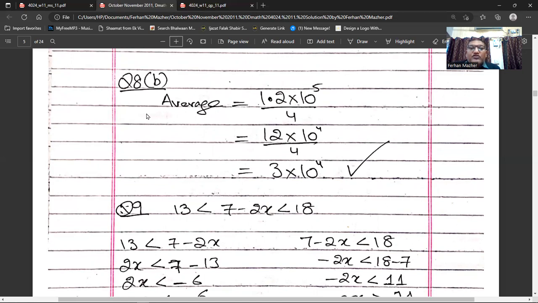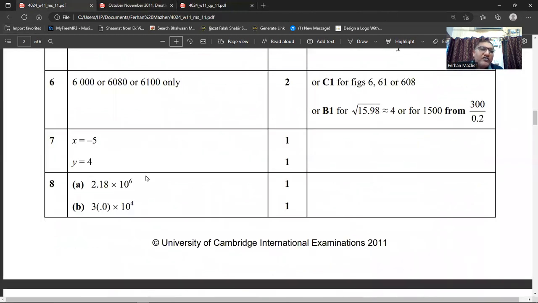So 1.2 × 10^5 divided by 4. Move this decimal 1 step, so it will become 12 × 10^4 divided by 4. Now this 4 and 12 can be cancelled, so you will have 3 × 10^4. This many liters are used in 1 week on average. 3 × 10^4 is the right answer, sir.